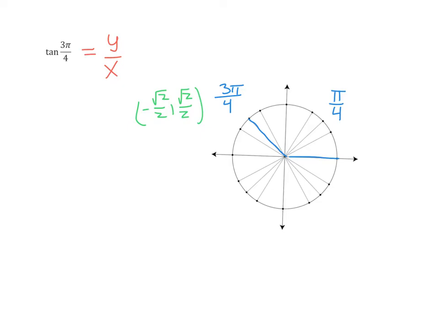So we take the y value, square root 2 over 2, over the x value, negative square root 2 over 2. Well, we've got square root 2 over 2 over itself, so that's just going to be a 1, but one of those is negative, and so the tangent value for 3 pi over 4 is negative 1.